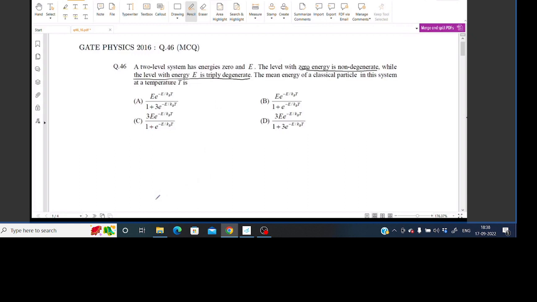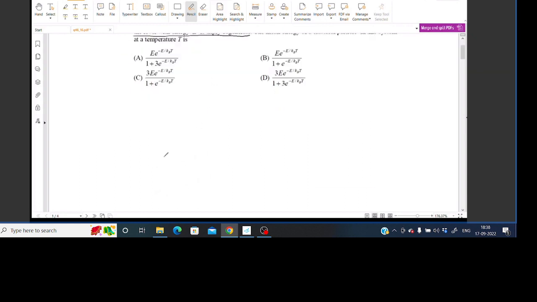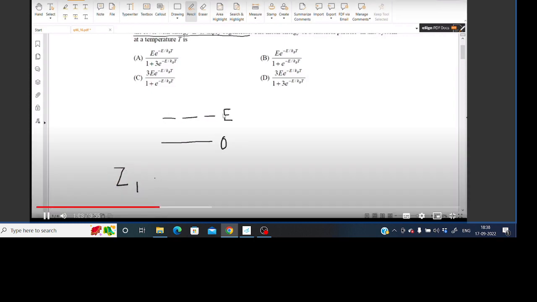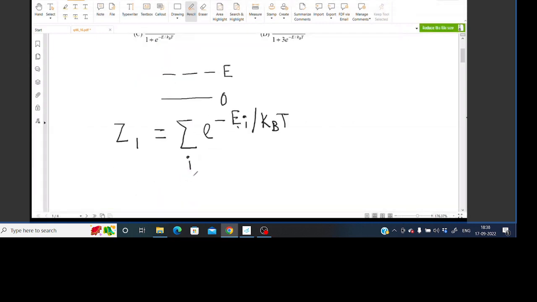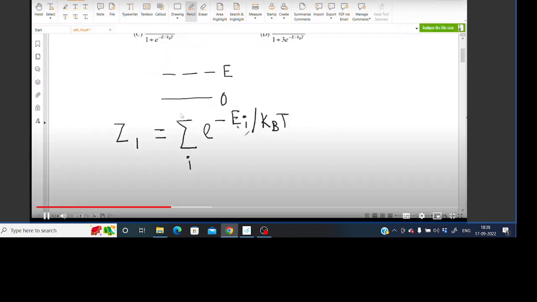Let's solve this question. In this question, there are two energy levels with energies 0 and E. The level with energy 0 is non-degenerate and the level with energy E is triply degenerate. So the single particle canonical partition function is given by sum over i of e to the power minus E_i by kBT.